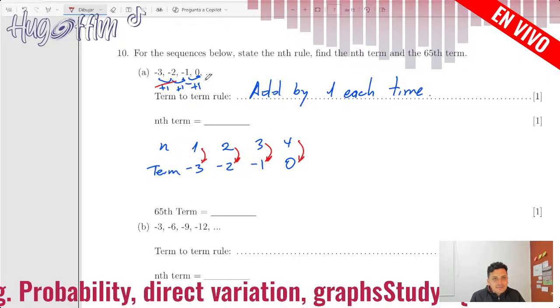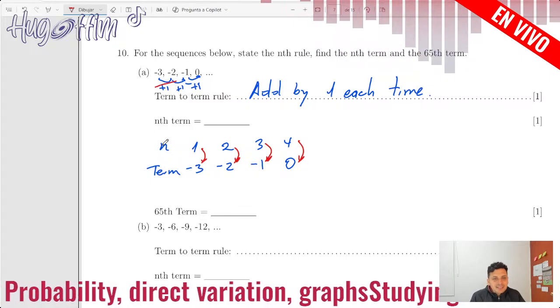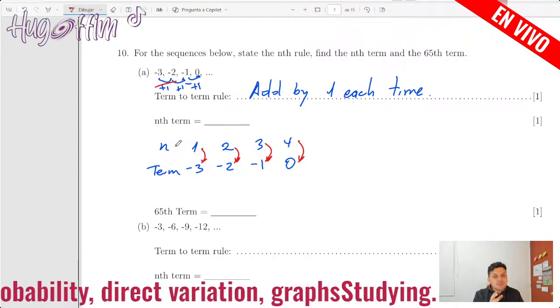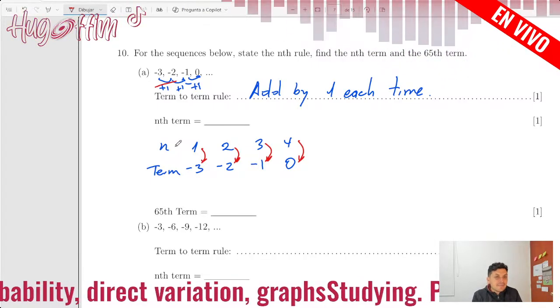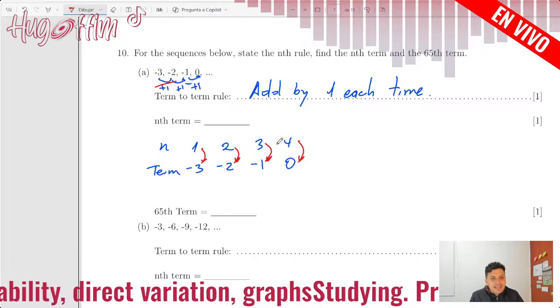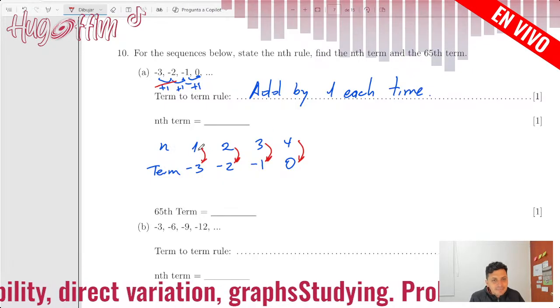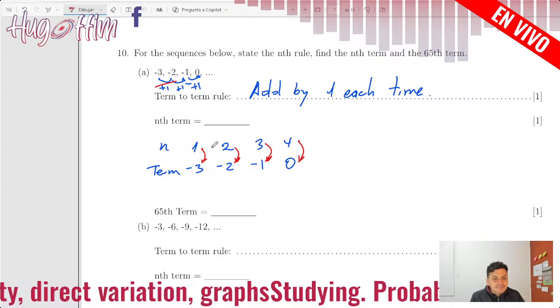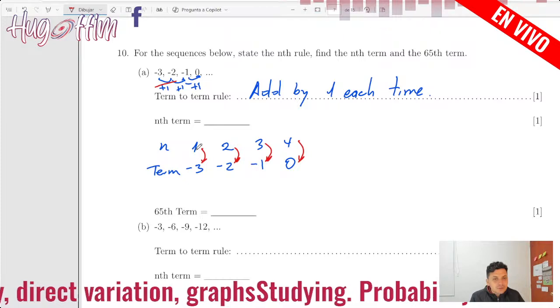Now observe that if you're adding by 1, it means that n is not multiplying by any number, because every time you multiply, the factor will be n times the factor. But in this case, as I'm adding by 1, I have it the same distance as n. So I need to just add or subtract a number.